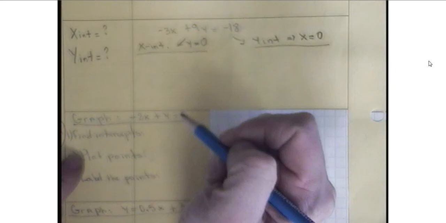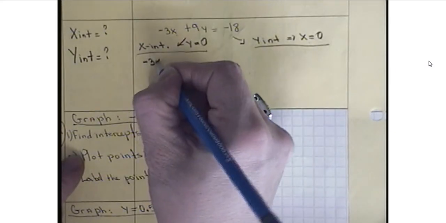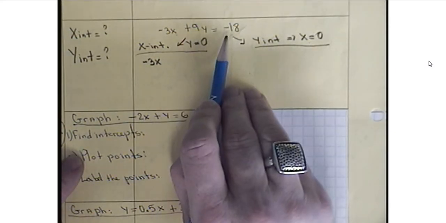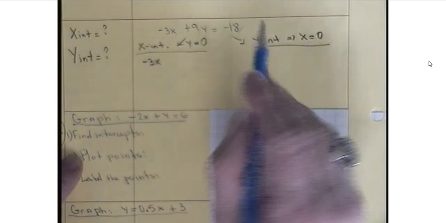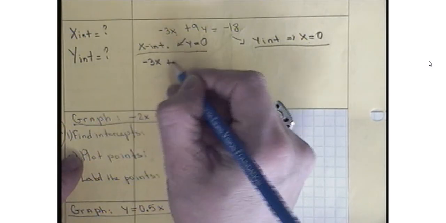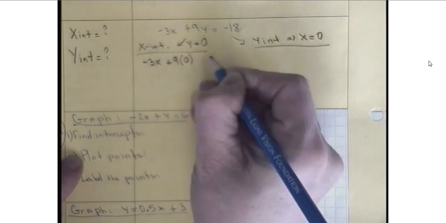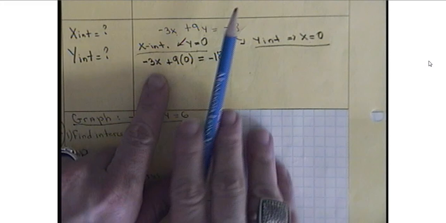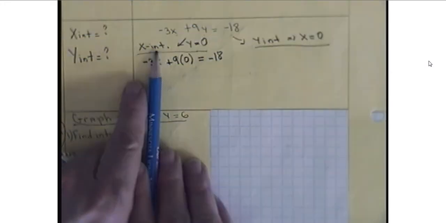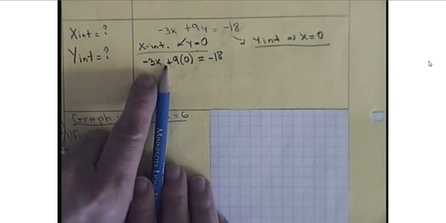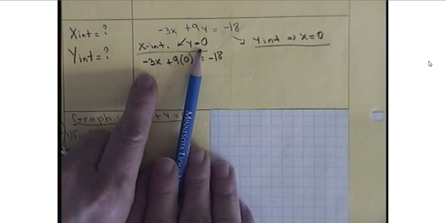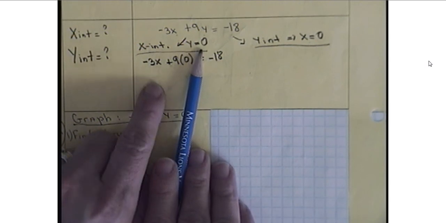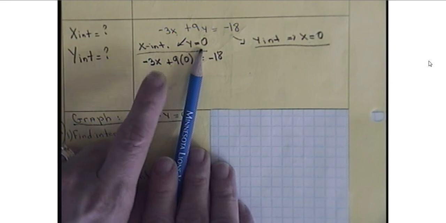First rule, if I have to calculate the x-intercept, I will do -3x. We're using this original equation and we substitute y with 0. So -3x plus 9 times 0 equals -18. I'm using the original equation, solving for x because I'm looking for the x-intercept, and then I'm making y equal to 0 in order to solve for that variable.